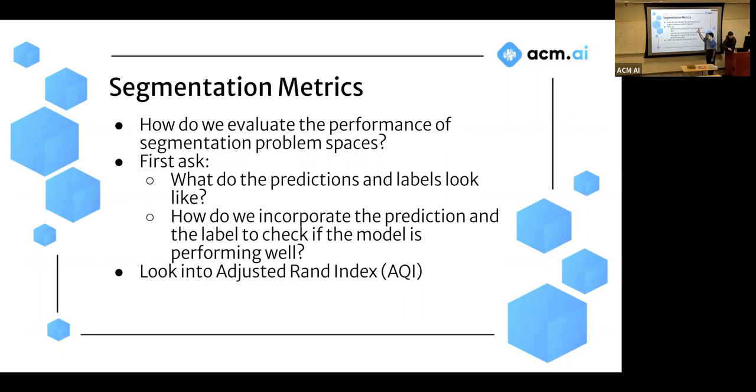In segmentation, which parts should be which labels, and how do we check if the model is performing well? That's something called the adjusted Rand index, or ARI.